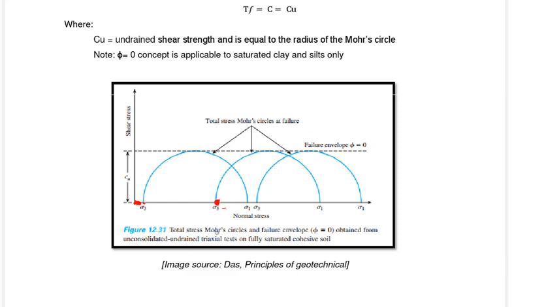However, our Mohr circle moves to the right along the sigma axis as the cell pressure increases. So, it increased. So, our stresses increased.